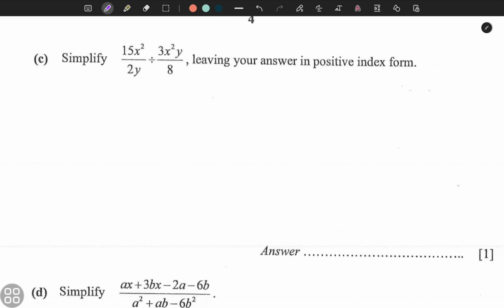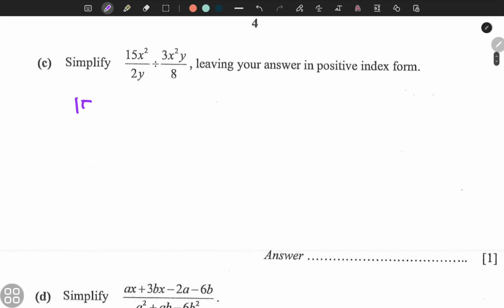Next, in part C, I have a fraction divided by a fraction. So using keep, change, flip, I can rewrite this as the first fraction multiplied with 8 divided by 3x squared y.